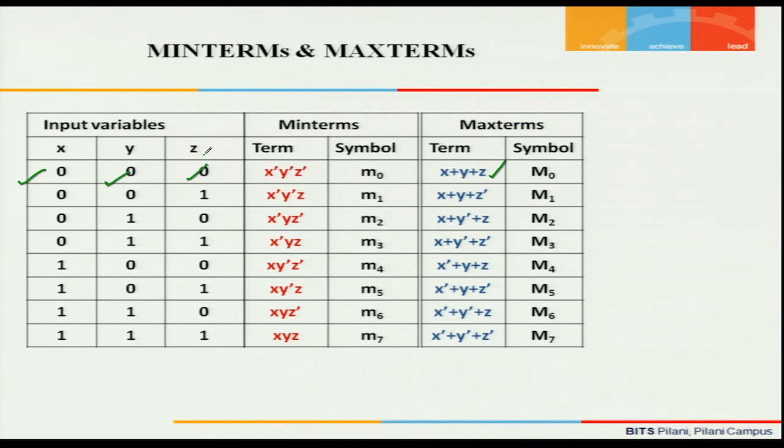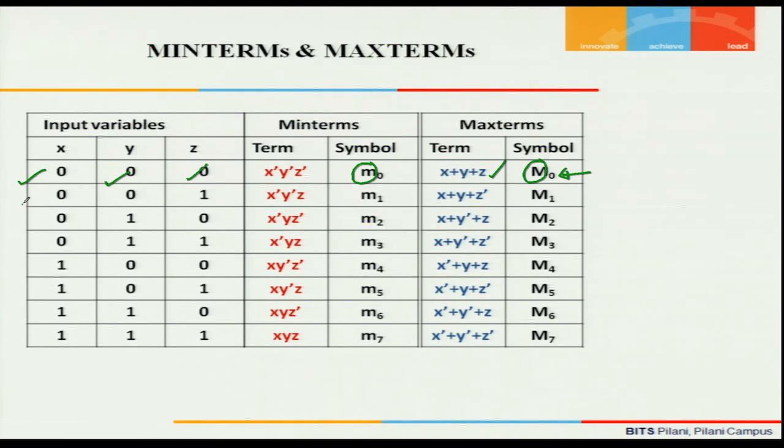That means, if my input literals x, y, z all have a value 0, the corresponding max term is x plus y plus z. A min term is represented by a small m and a max term is represented by a capital M. Since x equal to 0, y equal to 0, z equal to 0 corresponds to a decimal equivalent of 0, we call this M0. Capital M0 is a max term corresponding to the inputs x, y, z equal to 0, 0, 0.